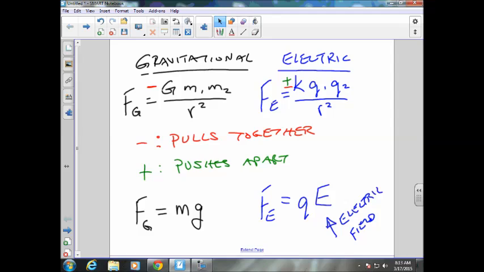Those have similarities too, don't they? Now you're just looking at a single object and its characteristic mass, or a single object and its characteristic charge. A mass in a gravitational field, a charge in an electric field.